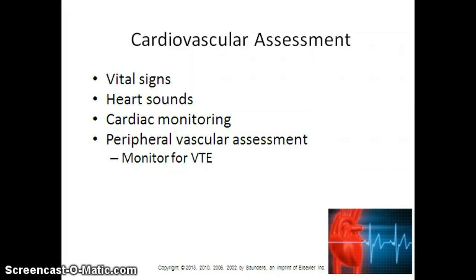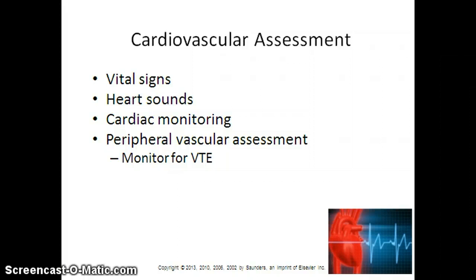With the cardiovascular assessment, vital signs are a great way to assess them. We want to ensure that their heart rate and blood pressure return to within 10 to 15% of normal before discharging them from PACU. Monitor for VTEs, and we'll talk a little more about those, but we really don't want our patients to develop any venous thromboembolus.